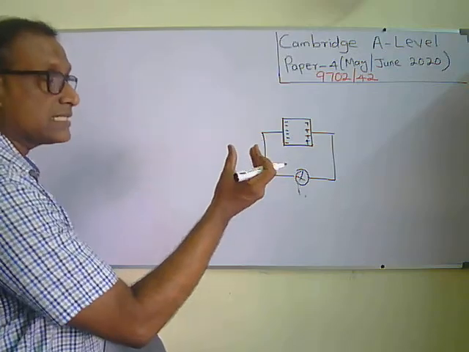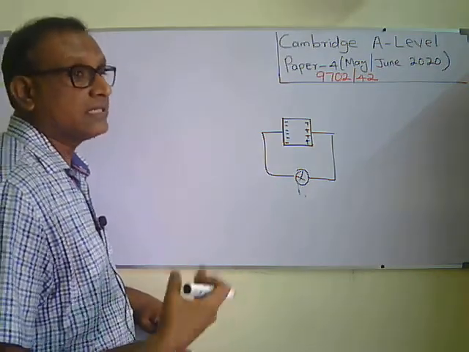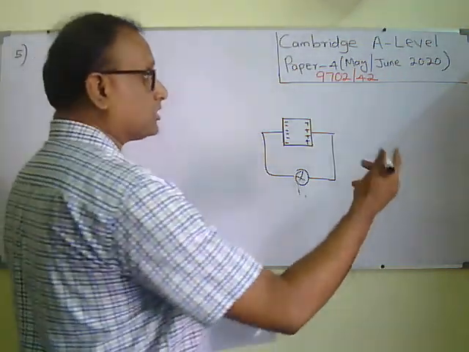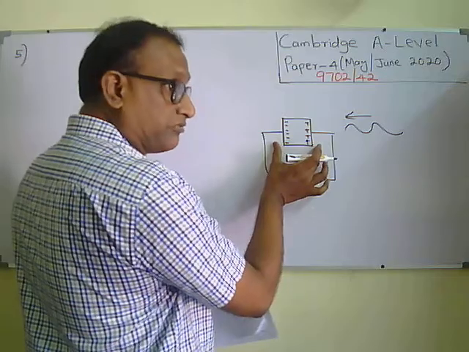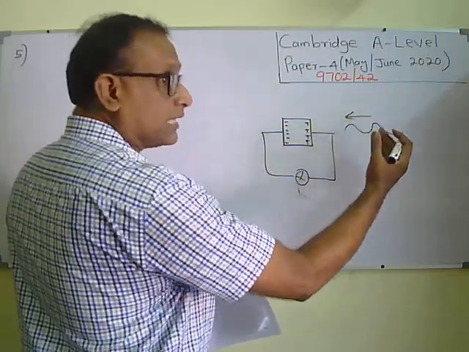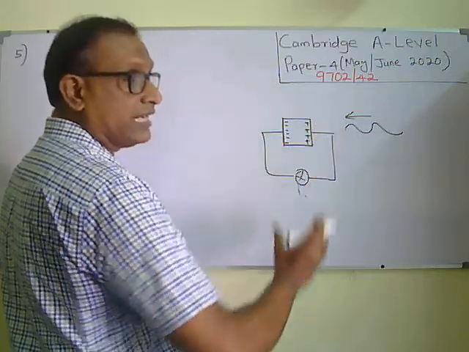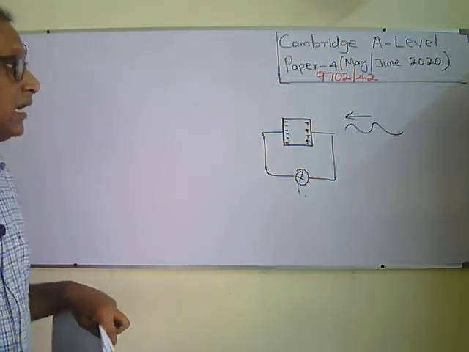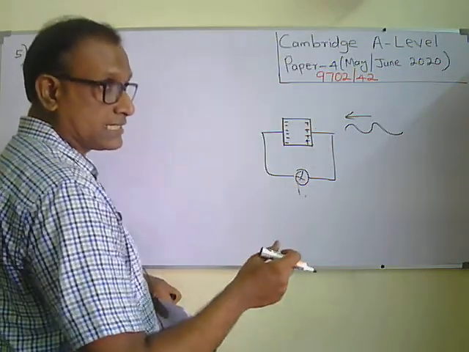How to compress and stretch them? You can use even a longitudinal wave like sound. Whenever a longitudinal wave hits the crystal, and if the crystal is fixed, whenever the compression or rarefaction comes, the crystal will be compressed and released. So opposite types of charges will be induced on opposite sides.